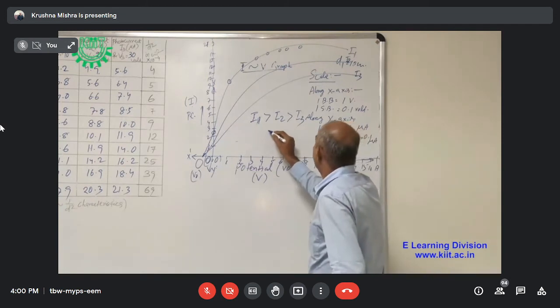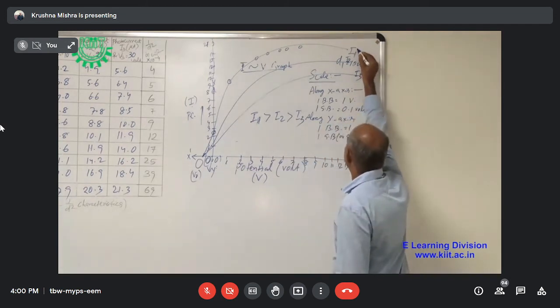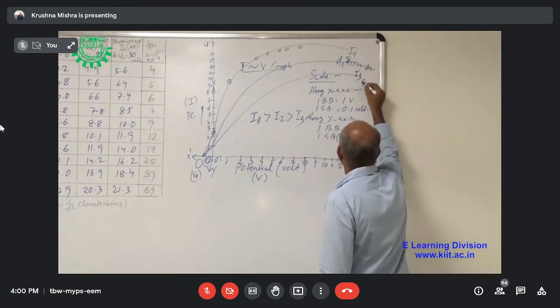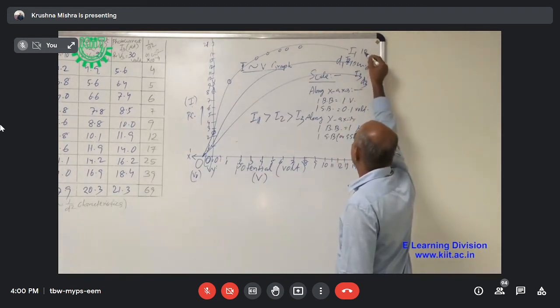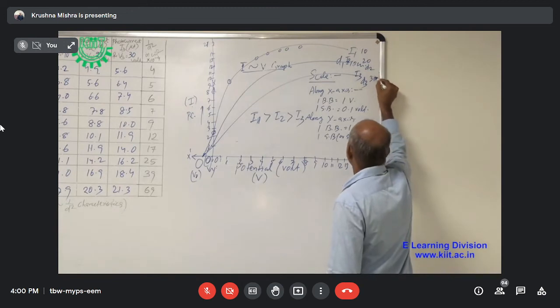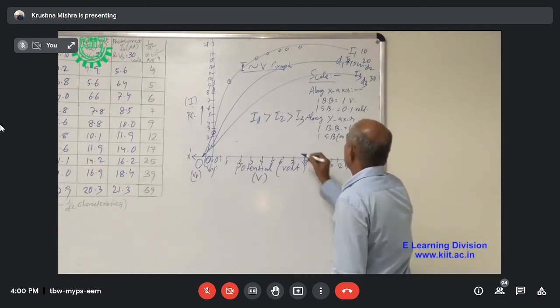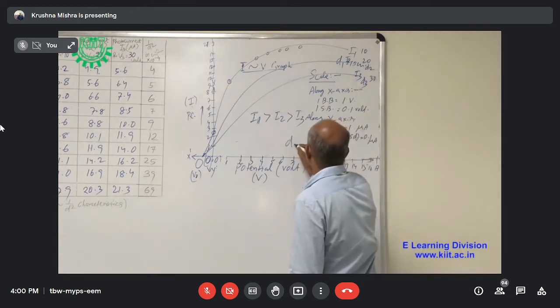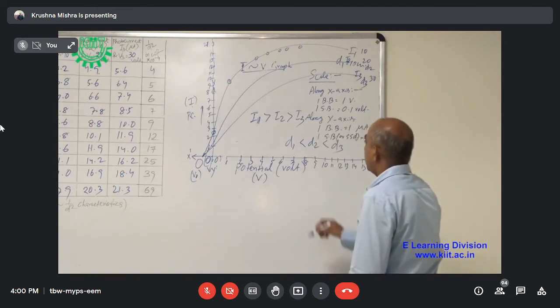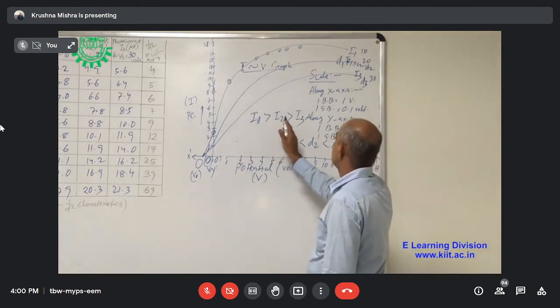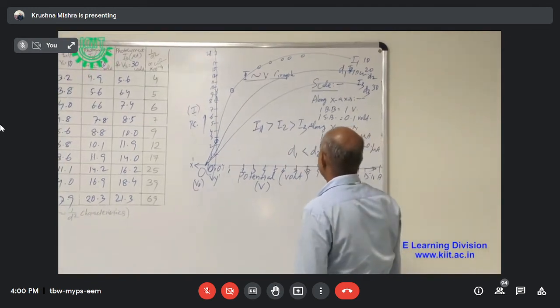If this is D1, this is D2 and this is D3, that is 10 centimeter, 20 centimeter and 30 centimeter, then when D1 is less than D2 is less than D3, I1 is greater than I2, which is greater than I3.